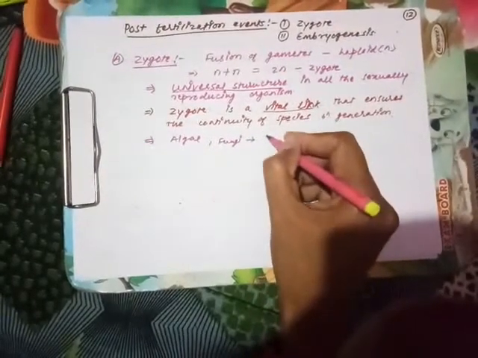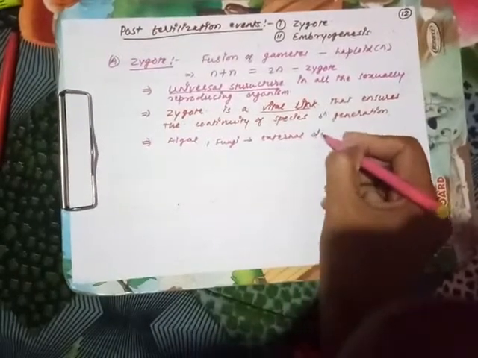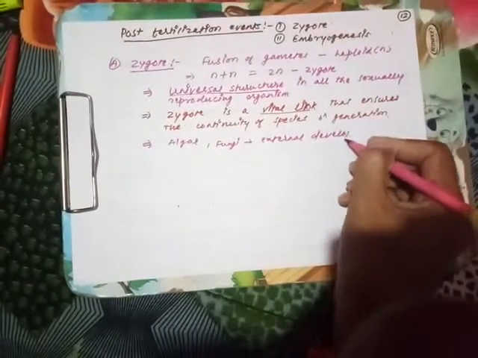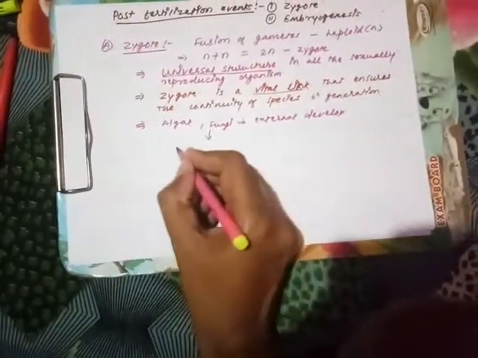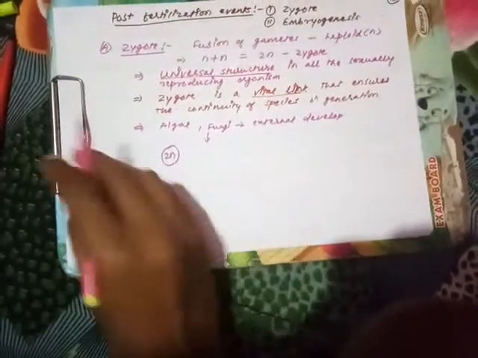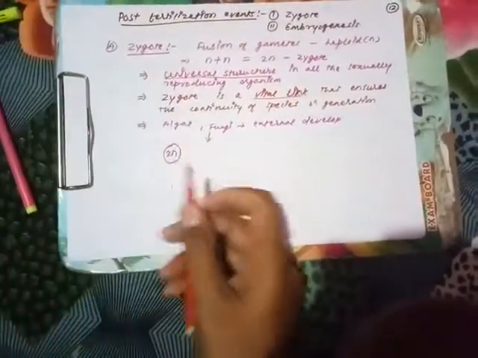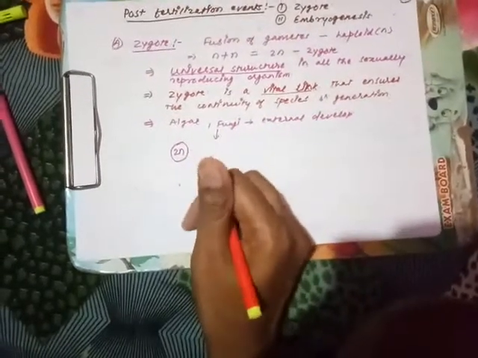They have external development. The zygote is laid or developed outside the body in the aquatic medium.